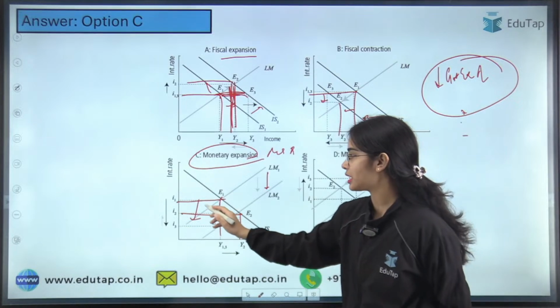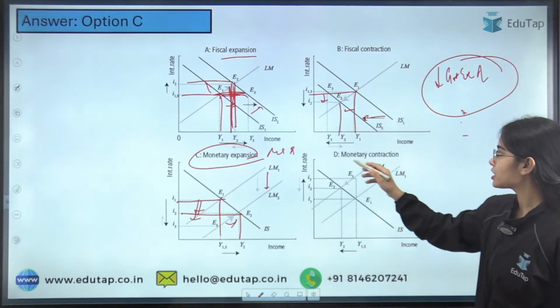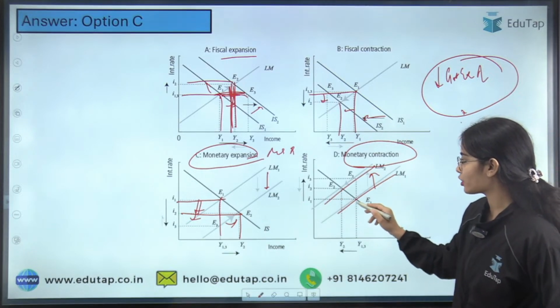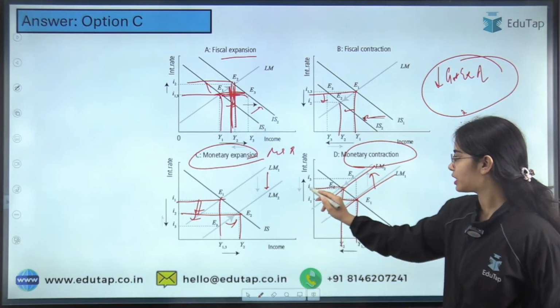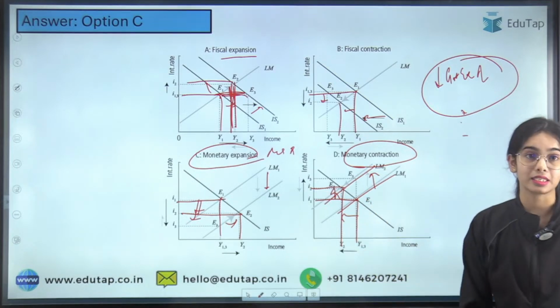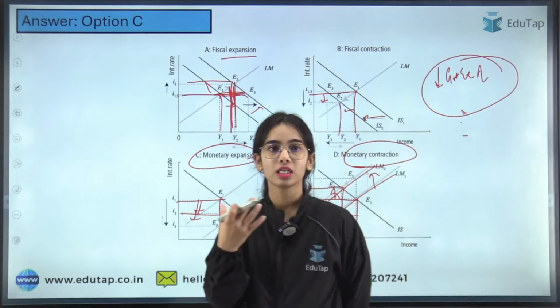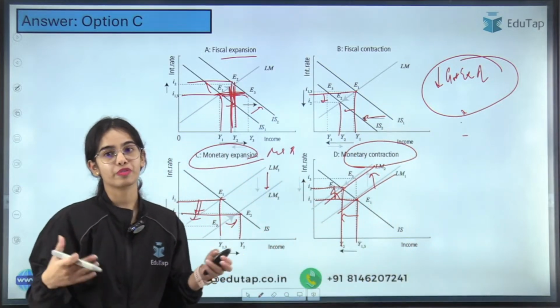If there is monetary contraction, the LM curve will shift leftwards, the rate of interest will increase and the level of income is decreasing. So this is the summary that I have provided to you in one image. I have tried to provide you the whole summary.